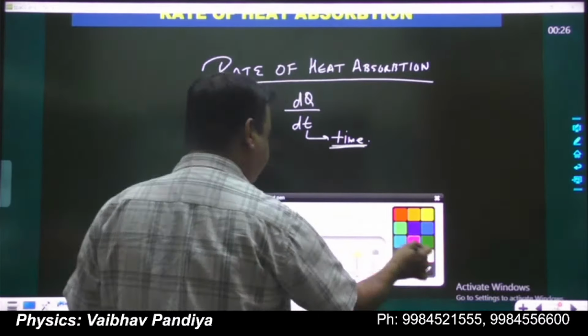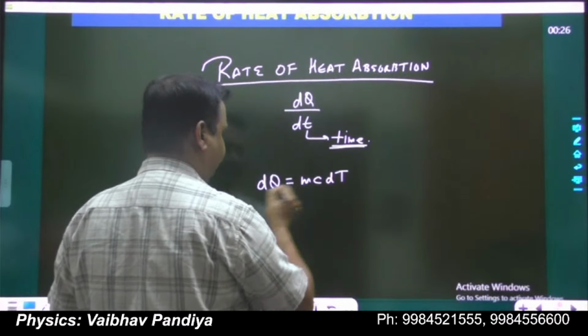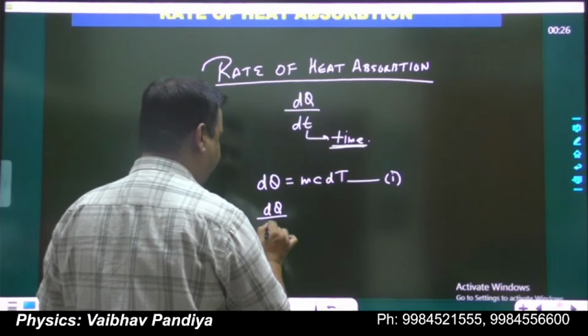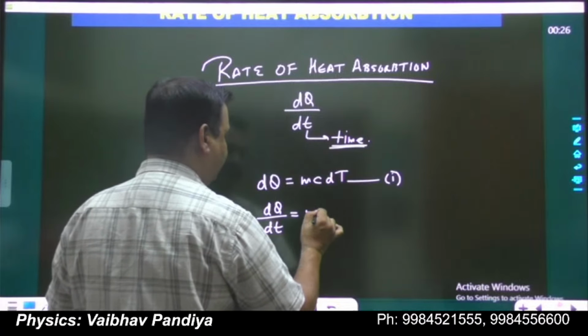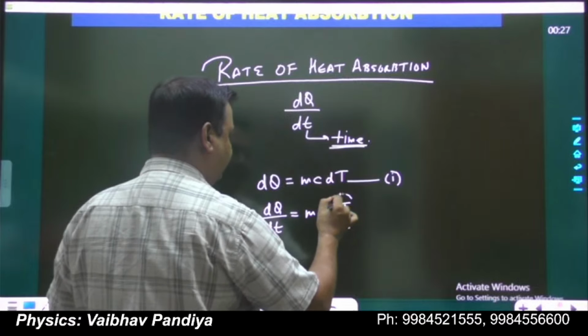And if you're writing dQ as m c dT, we have seen this is the basic equation. And if you divide by dt on both sides, the rate of heat absorption will be m c dT by dt.